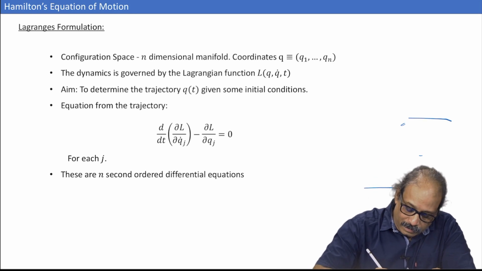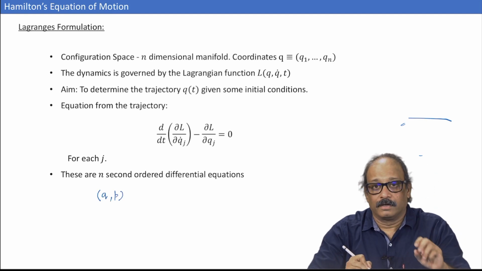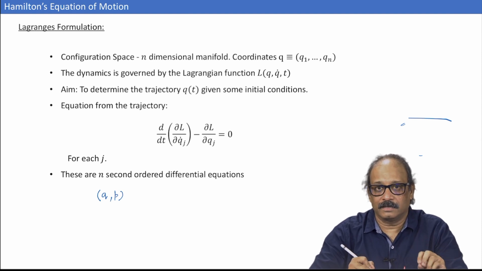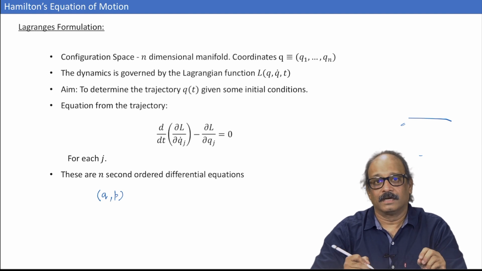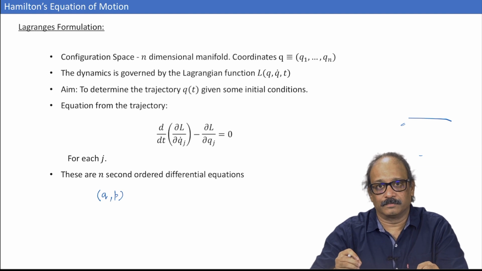Okay. So, the point there was described by q p. Remember, q here represents n generalized coordinates and p here describes n corresponding generalized momenta.